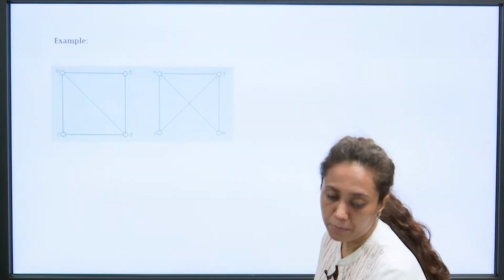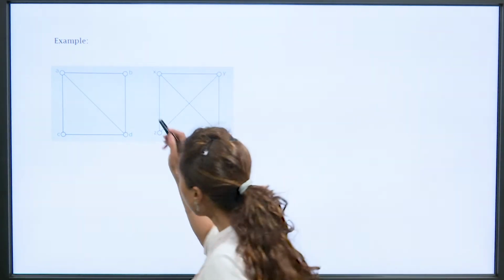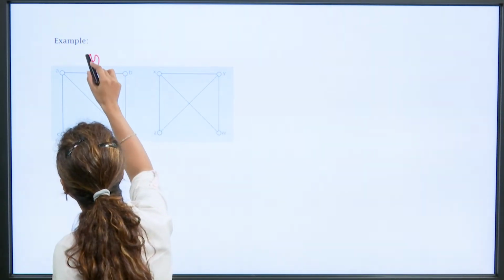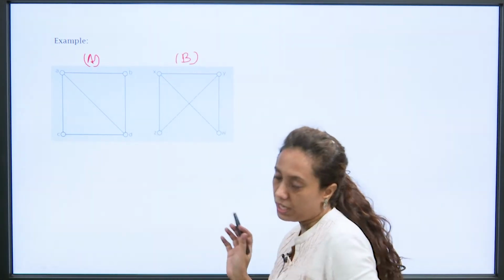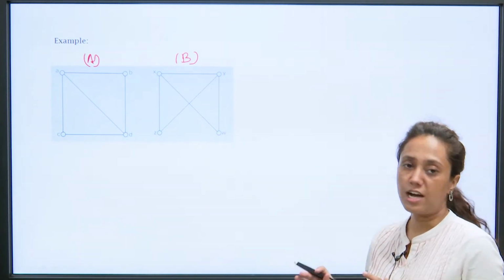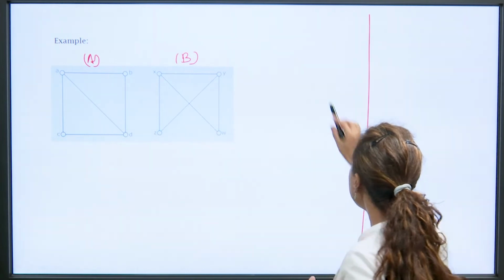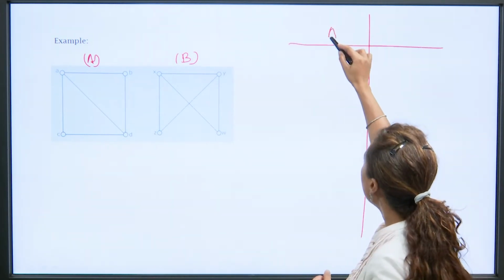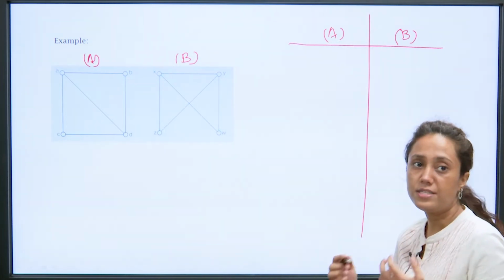So, we are going to compare 2 graphs and say whether they are isomorphic or not. This is graph A, this is graph B, right. We have to tell whether graphs A and B are isomorphic or not. So, we will compare. The first condition we have seen is that both graphs should have the same number of nodes.